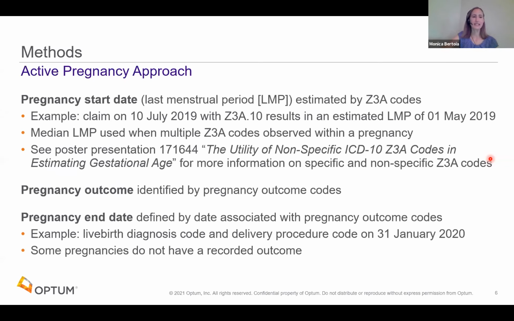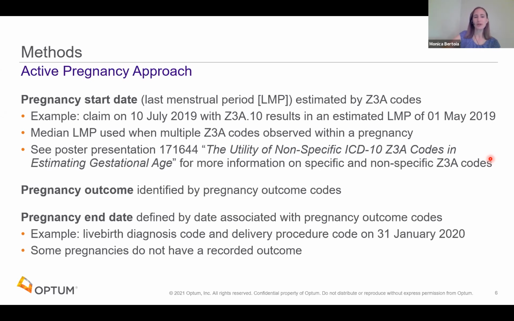To get into the details of the first method, the active pregnancy approach, we started by identifying the beginning of pregnancies. We identified that pregnancy start date, which we typically refer to as the LMP or last menstrual period, using Z3A codes.